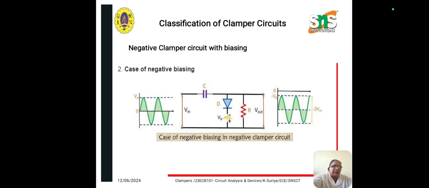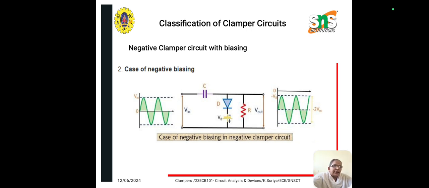Next we will see the case of negative biasing in a negative clamper. When positive half of the AC input is applied, the diode gets forward biased by the AC and the battery voltage. This starts conduction through the diode, resultantly charges the capacitor. At the time of the negative half, the diode gets reverse biased by the AC but will still conduct due to the forward biased condition applied by the battery.